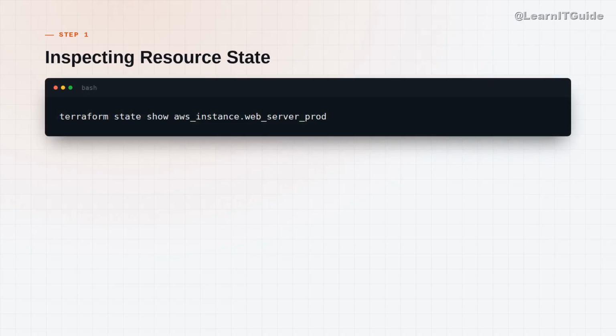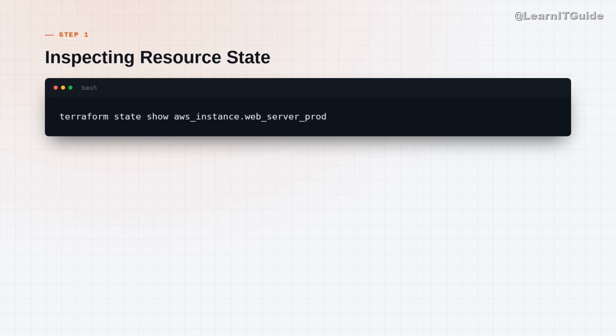Before you change anything, you must know exactly what Terraform thinks is already there. We use the terraform state show command for this. This command pulls the current configuration details directly from your state file. It shows you the live attributes of the resource, such as its instance type, security groups, and public IP address.